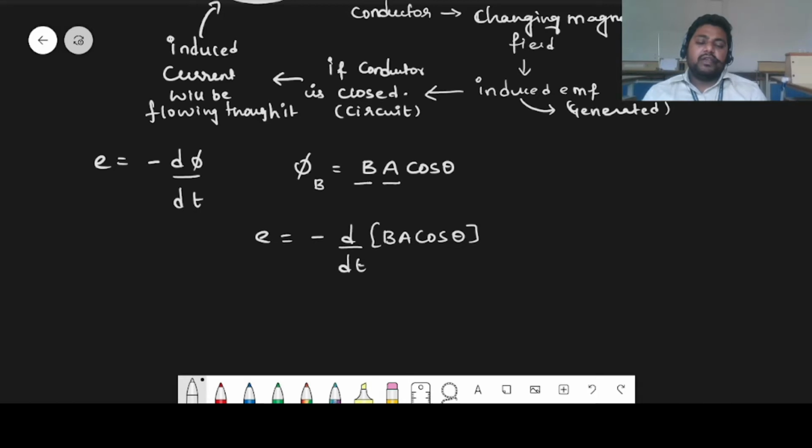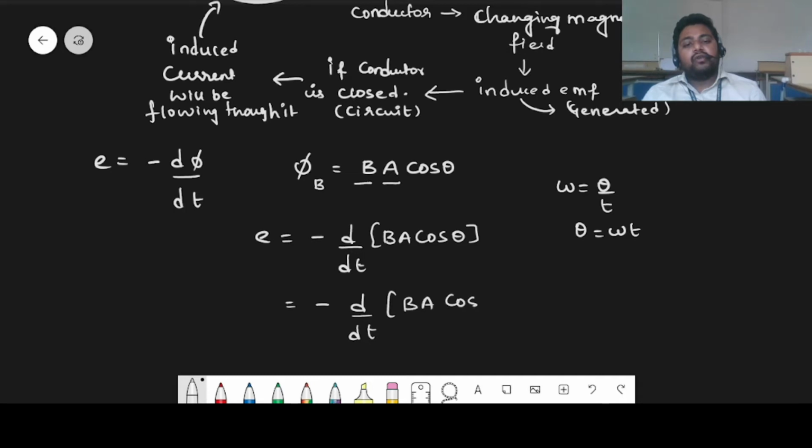Now if you are writing EMF, you have to differentiate: minus of d by dt of phi, where phi is BA cos theta. Let's say the coil is rotating in that magnetic field, then you can write omega is equal to theta by t, so theta is equal to omega t. Substituting that, minus of d by dt of BA cos omega t.